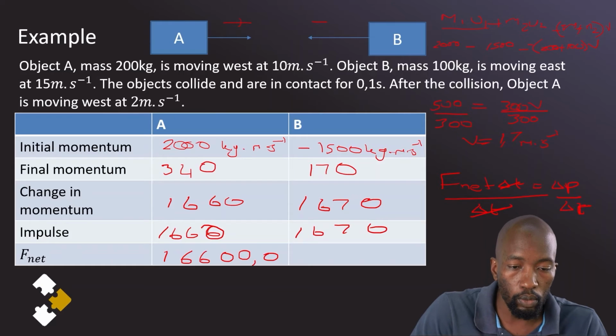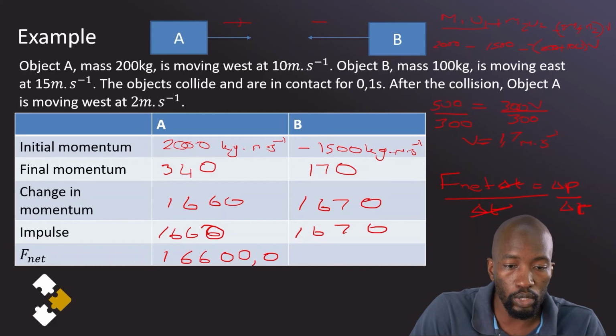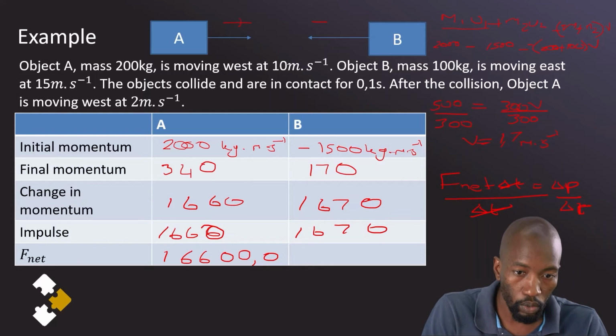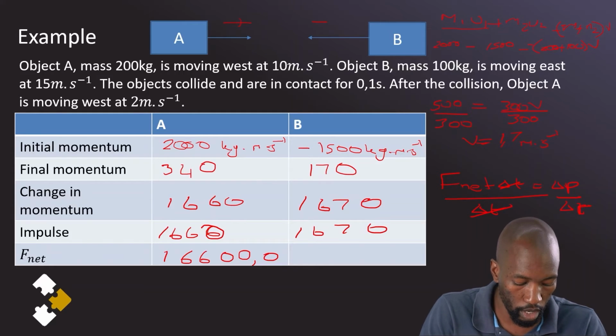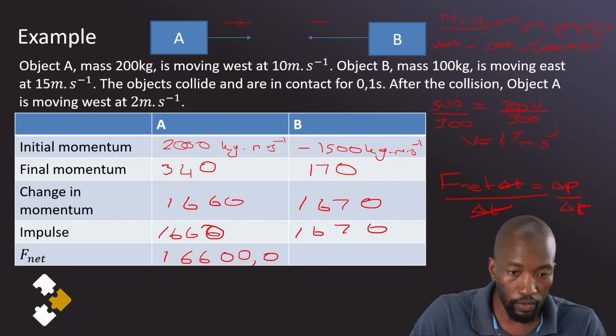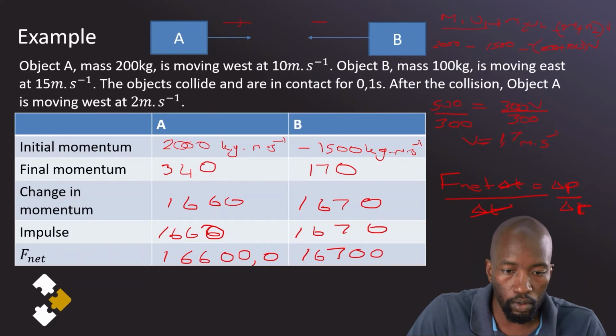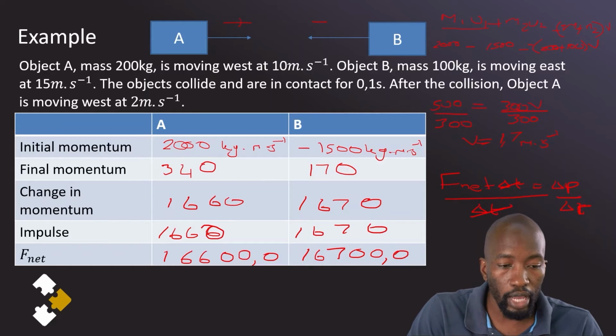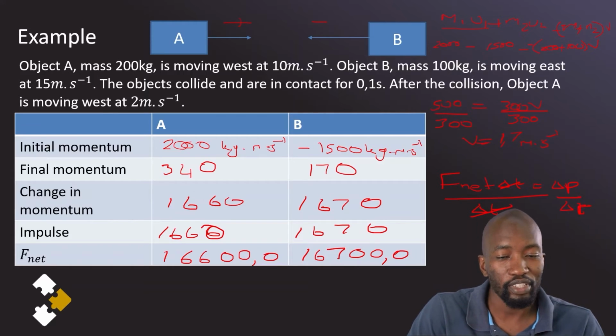Then we need to do the same thing for B, right? So that'll be 1670 divided by 0.1, and that gives us 16700. And there you have it. Now let's carry on.